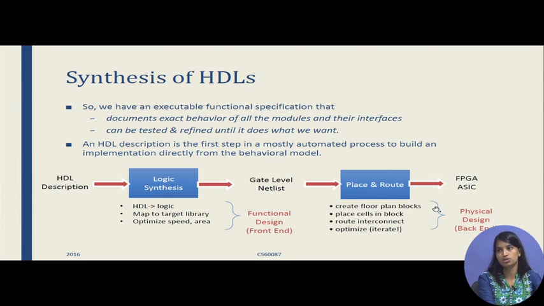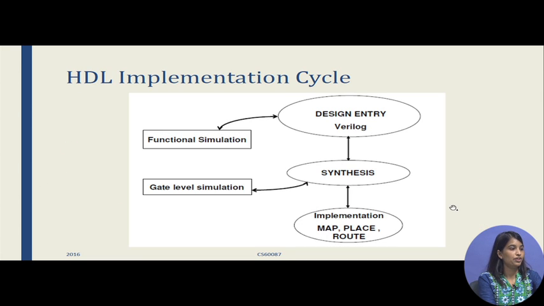So in this tutorial, we'll mostly consider FPGAs, and I'll be teaching how to design a system or how to develop a small basic embedded system on an FPGA. Okay, so the HDL implementation cycle is overall like this. We talked about product specification, we talked about behavioral description, etc. That is what is called design entry, which we specify using the Verilog code.